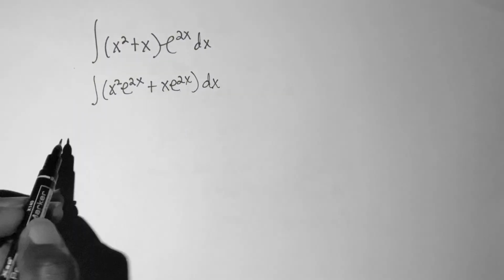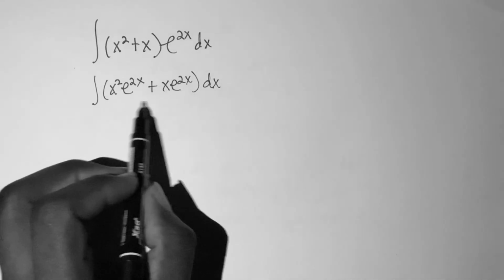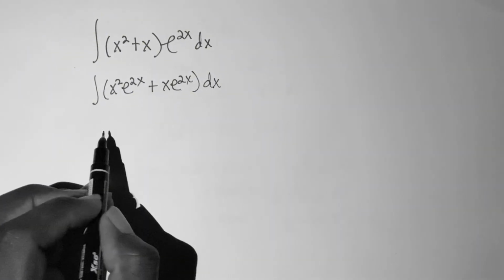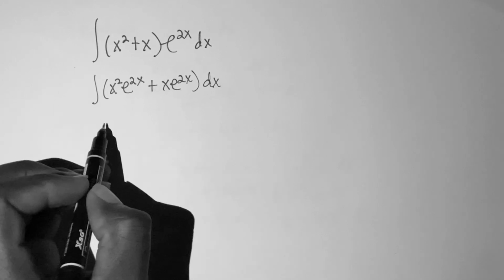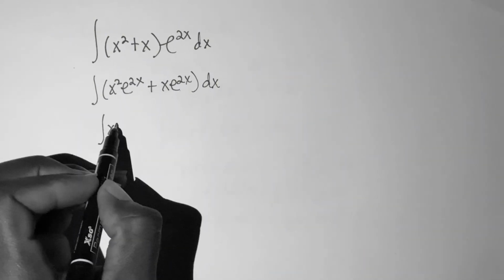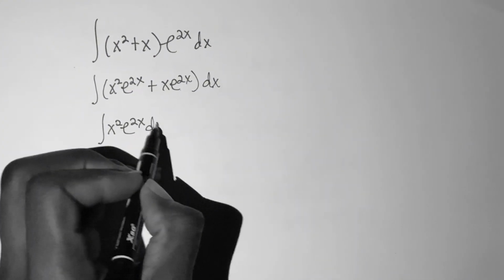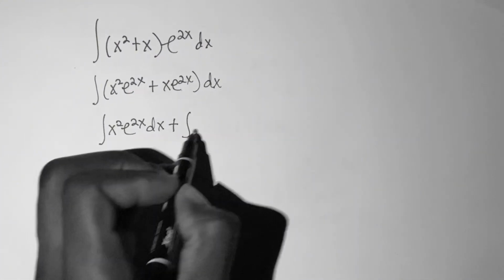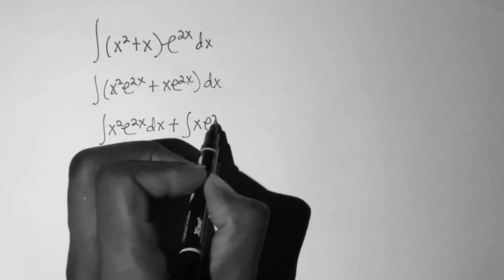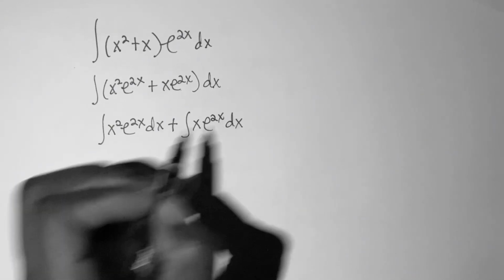Then we use the principle of integration to break this integral into 2. So this integral becomes integral of x squared exponent 2x dx, then plus integral of x exponent 2x dx.